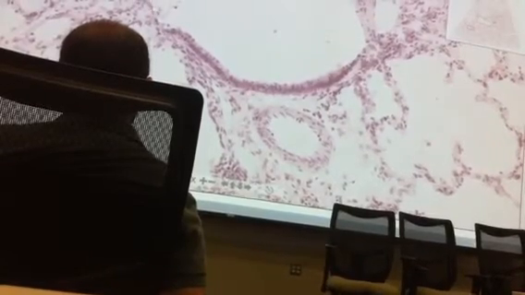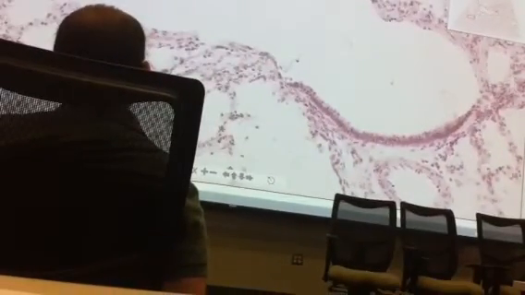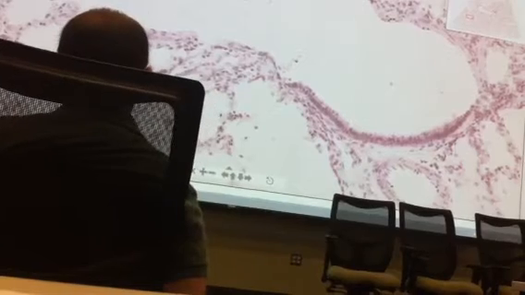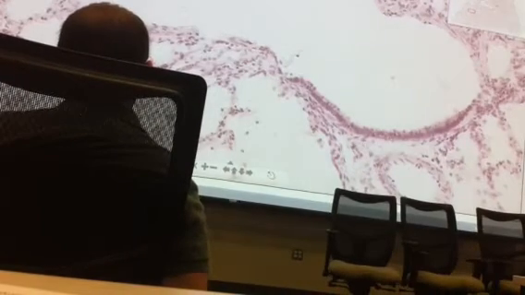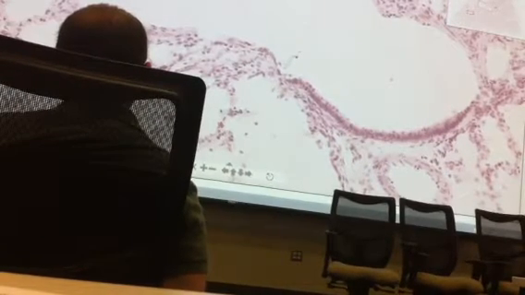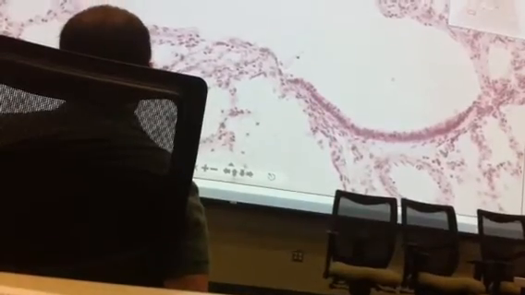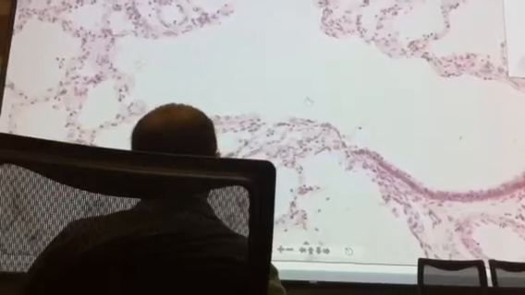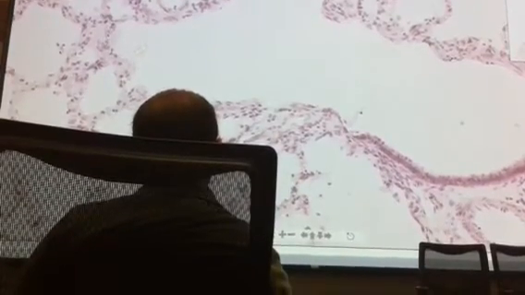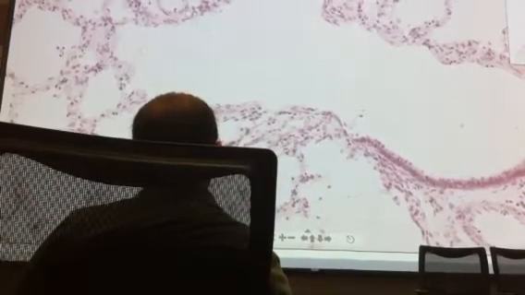There you can see the alveoli coming off, and that's leading into an alveolar duct. An alveolar duct is more of a conceptual state that leads into the alveolar sac, but it's going to have alveoli coming off of it, so it just looks like another space with alveoli. But you've got your alveolar duct, your alveolar sac, and then the alveoli coming off of that.